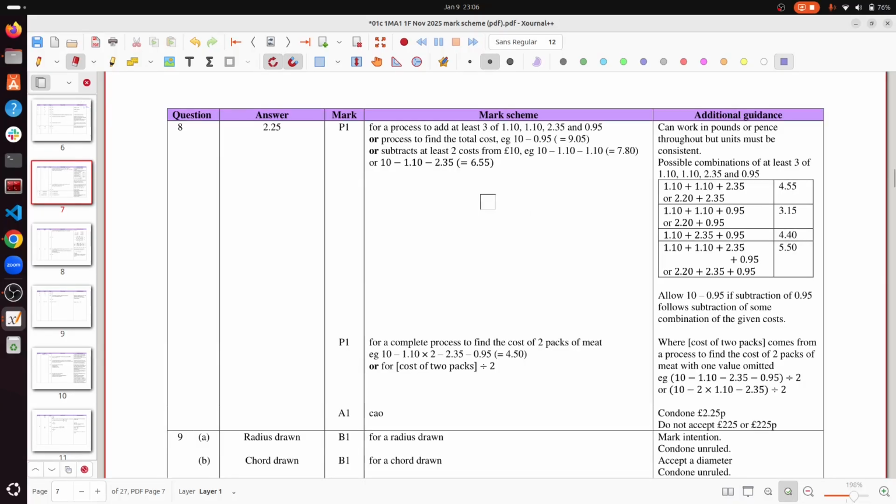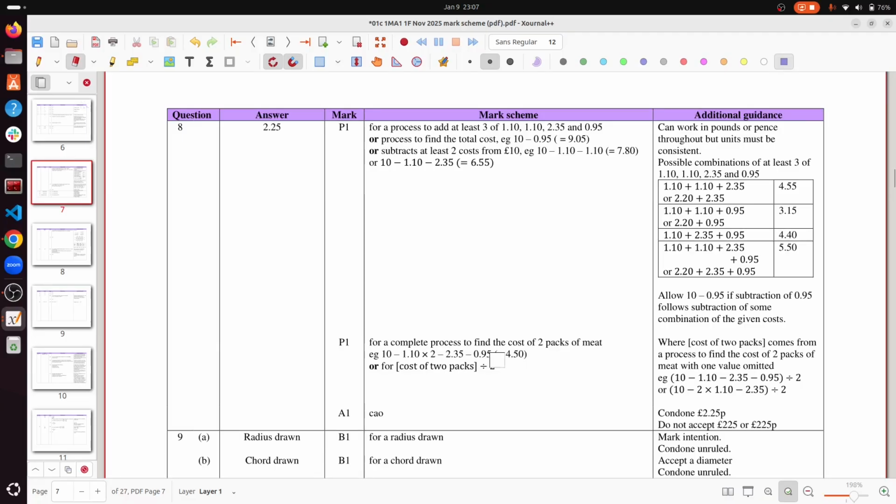Or subtract at least 2 costs. If you take away 2 costs, that's the same thing as doing the addition of 3 of your costs. So any of that will give you 1 mark.